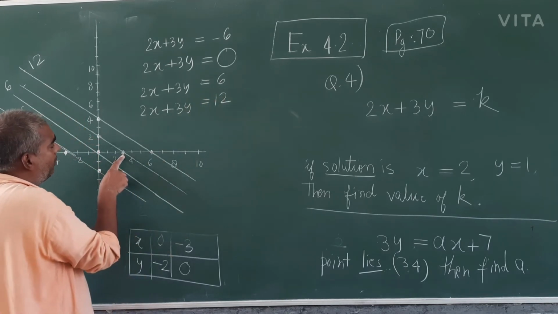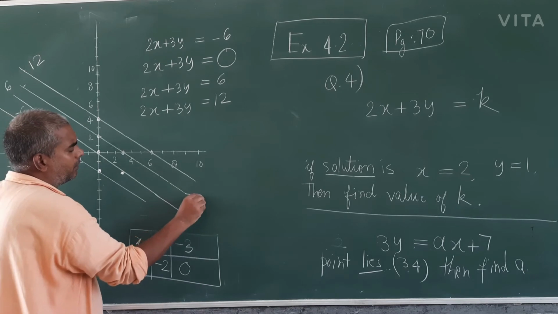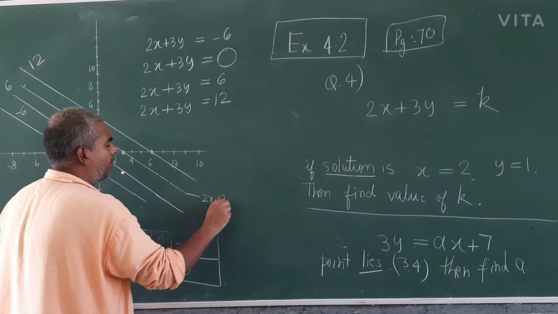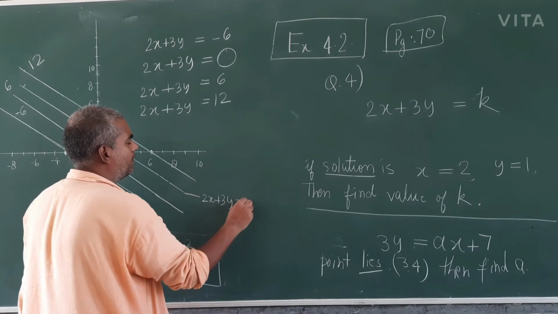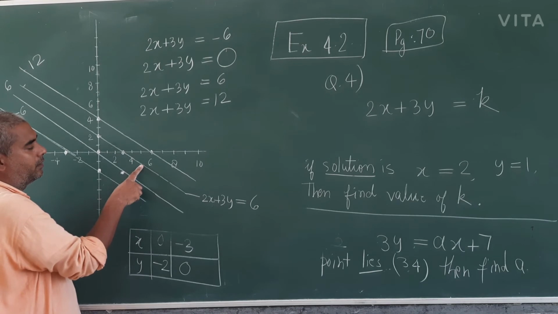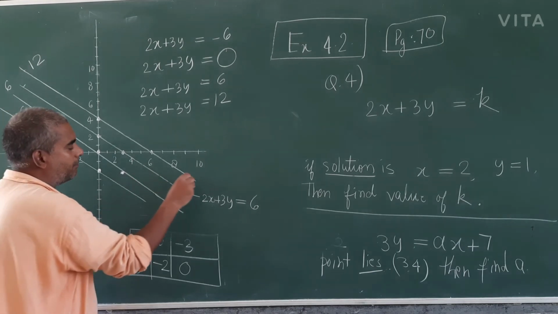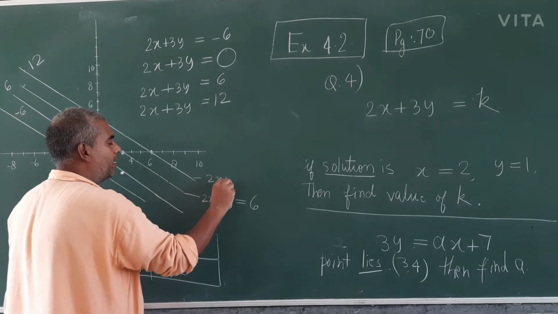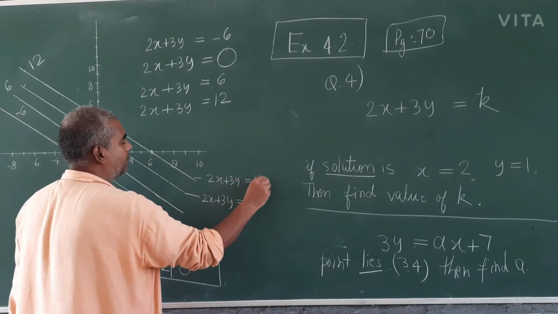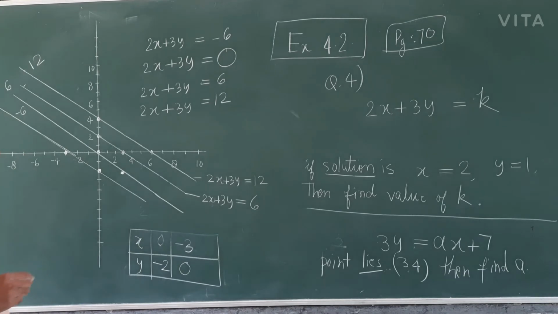The first I had drawn was 2x plus 3y is equal to 6, this line. The second one was 2x plus 3y is equal to 12.